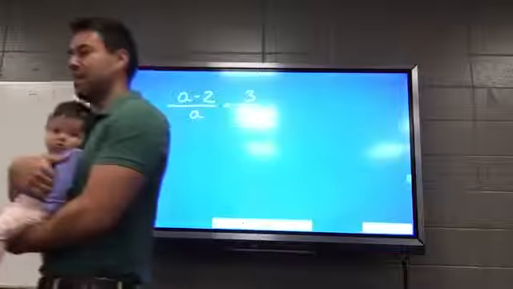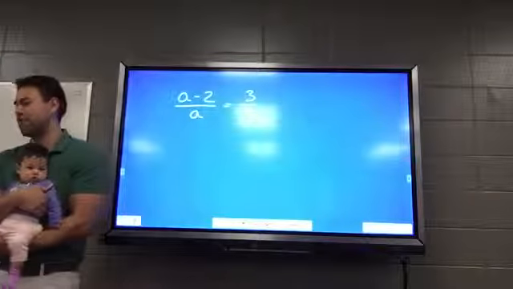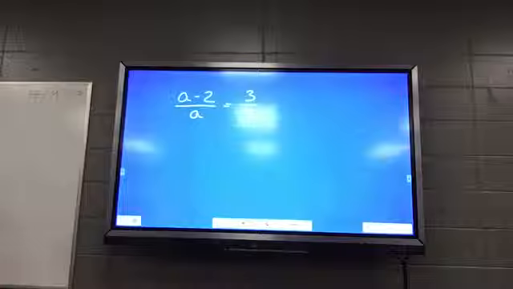Almost 10 weeks, so a little over 2 or 2.5 months. She loves math. She kind of likes daddy. When you get her to crack a smile, it's like, oh, that's cool.